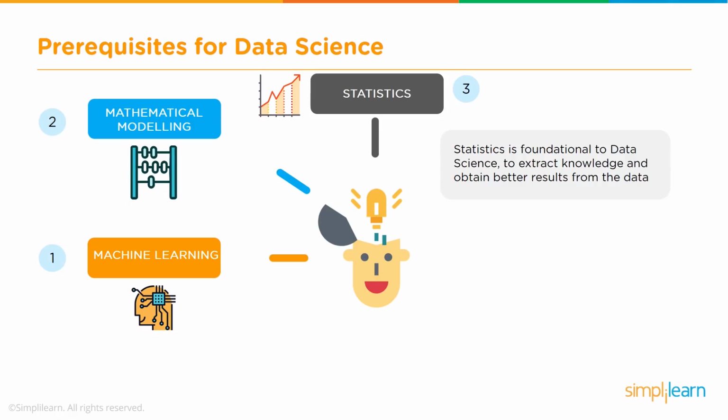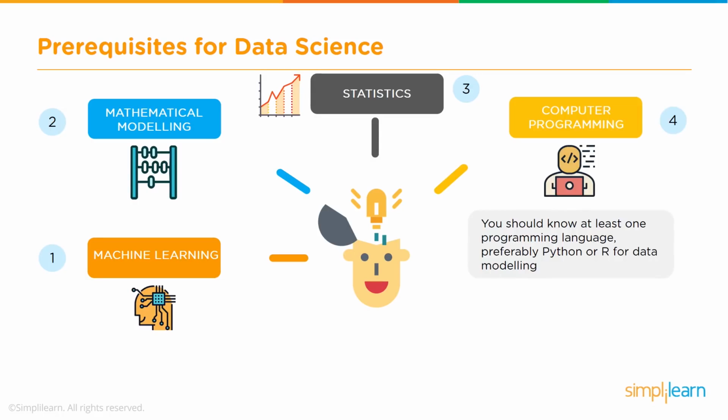Then statistics. Statistics is like the core foundation of data science. So you need to understand statistics and have a good hang of statistics in order to be a good data scientist. And this will also help in getting good results. Programming is to some extent required. At least some program or the other would be required as a part of executing a data science project.